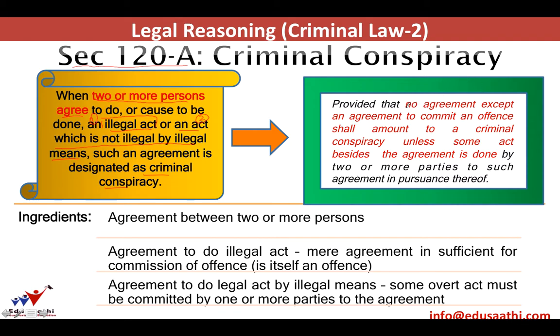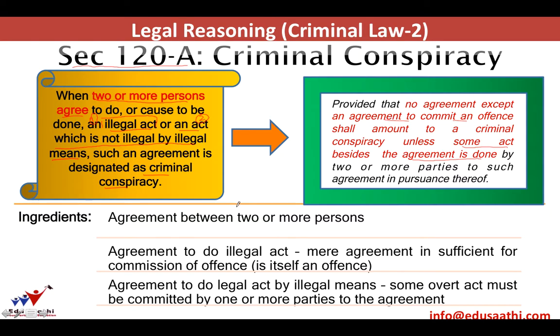So it says that no agreement would amount to criminal conspiracy, provided that there must be some act done besides that agreement. So there must be a certain kind of act other than the agreement which should be done in case of the agreement to commit a crime. Only then it would amount to criminal conspiracy, not otherwise.